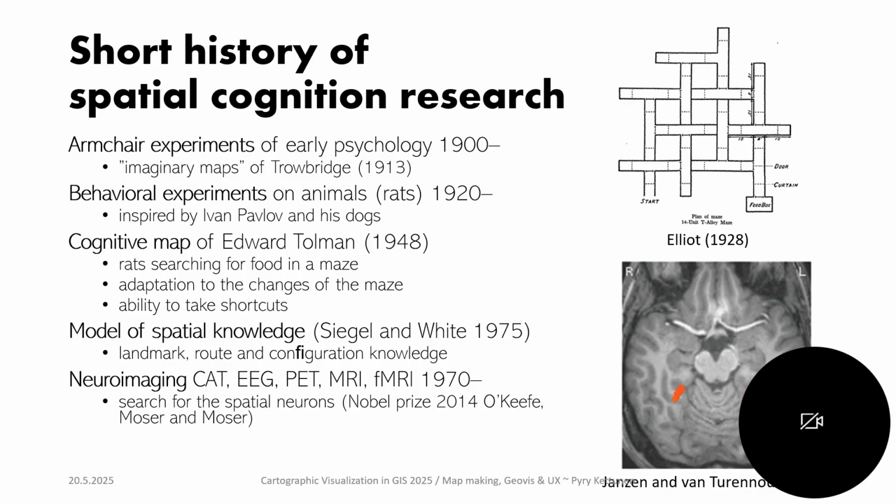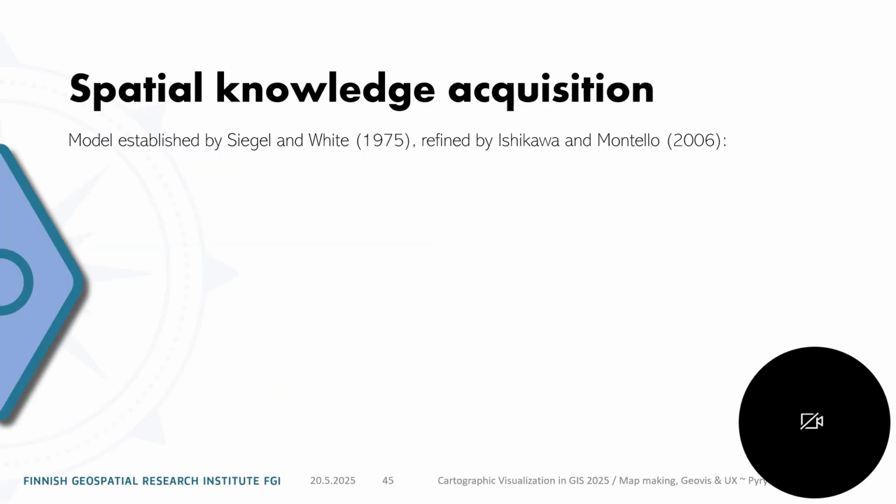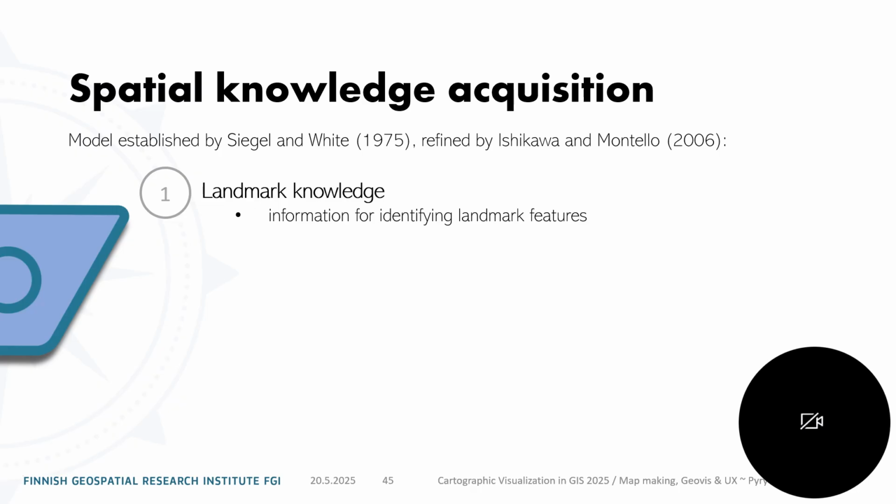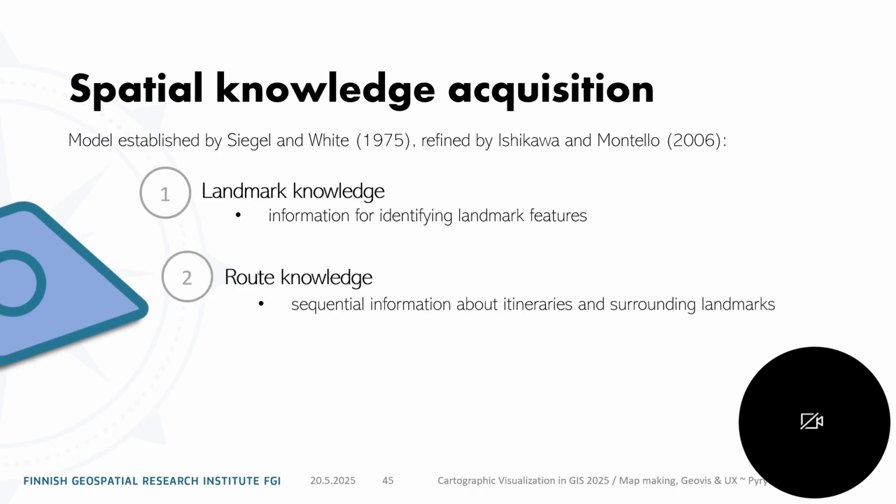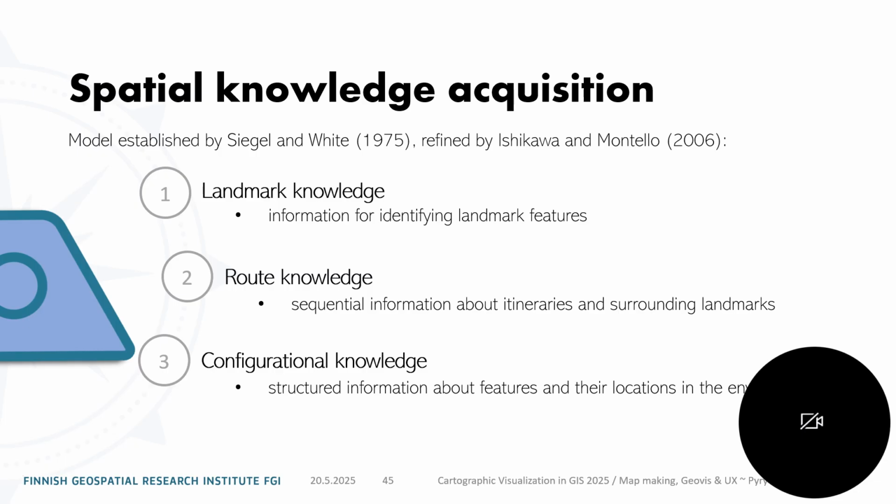I'm not a brain scientist myself, but these studies are still made to understand further the spatial thinking. This is the knowledge acquisition that I already told. So about this landmark, route, and configurational knowledge, I mainly said this.